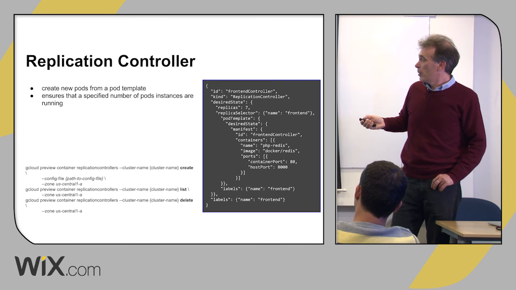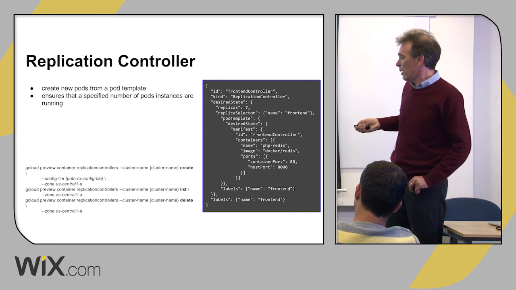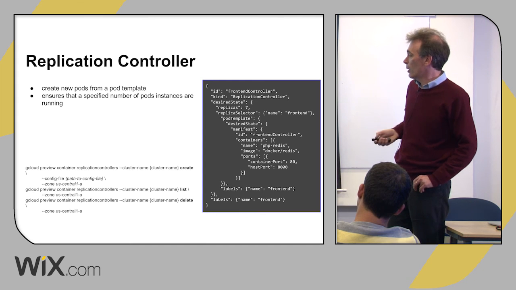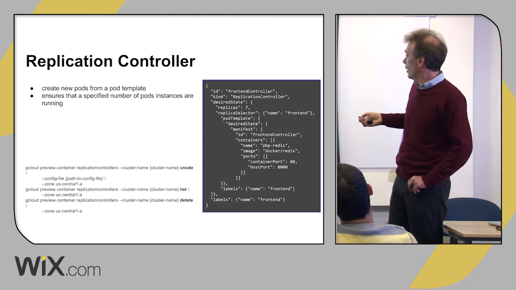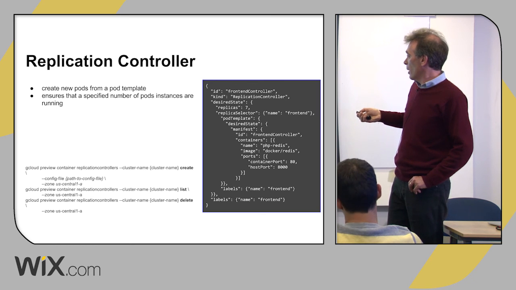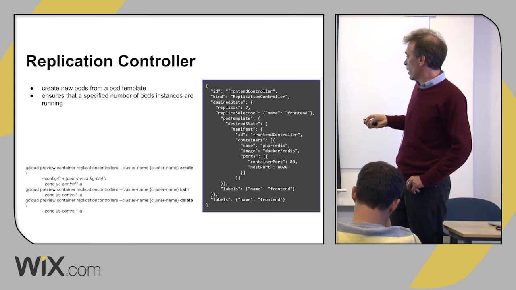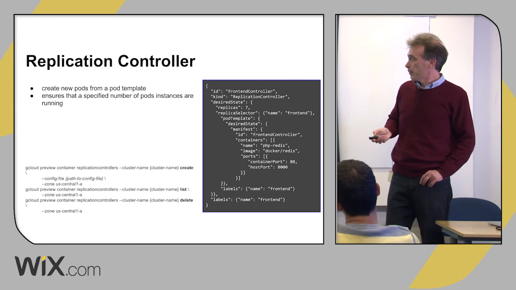Okay. The command line to create is very similar, it's like a CRUD command for everything in Kubernetes: create configuration controller. And in the configuration file, the important parameters are the number of instances, replicas, 7 in this case, and the definition of pods to run.